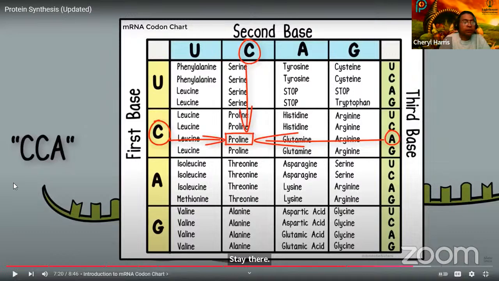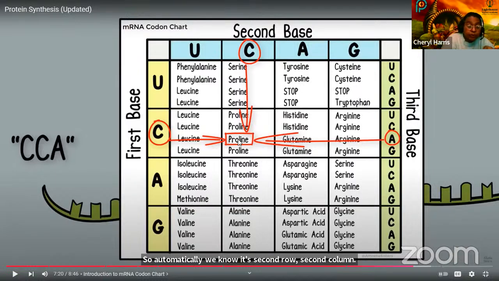Again, triplets. So you want to find the C, which is the first letter, so that's the first base on the yellow side. The second C is the second base, up here at the top. So automatically we know it's second row, second column, and then when we go to the third base, in this case all of them are the same.